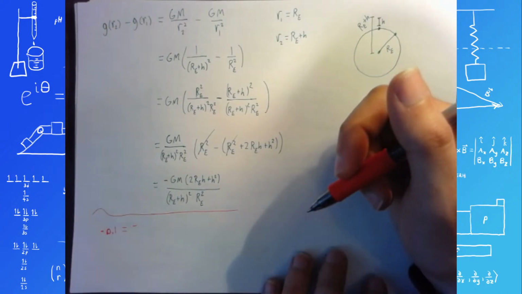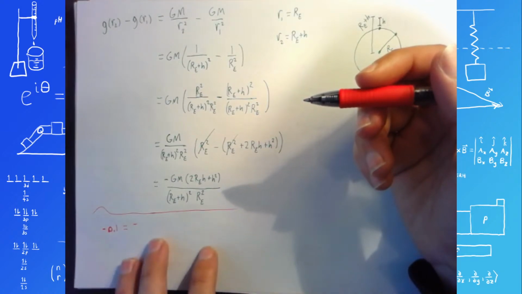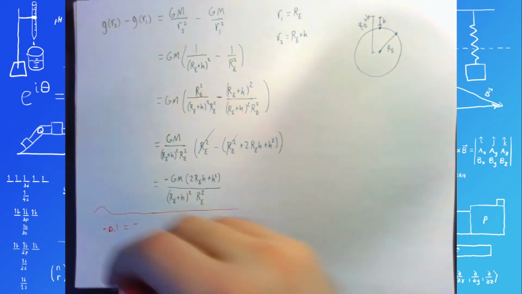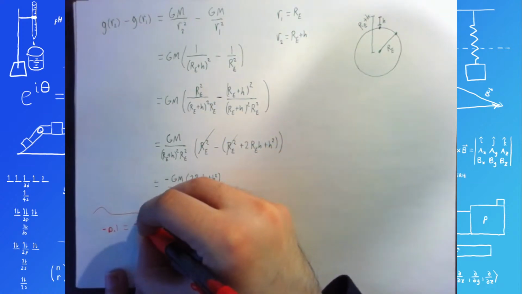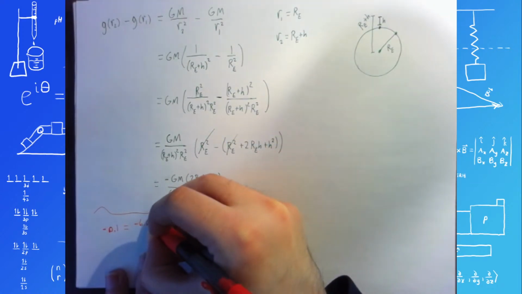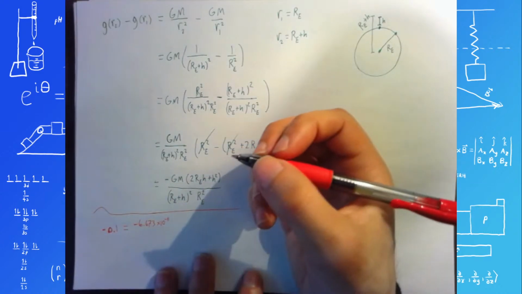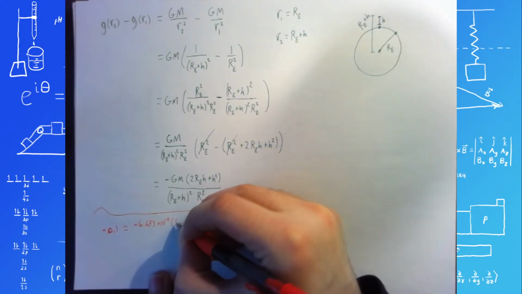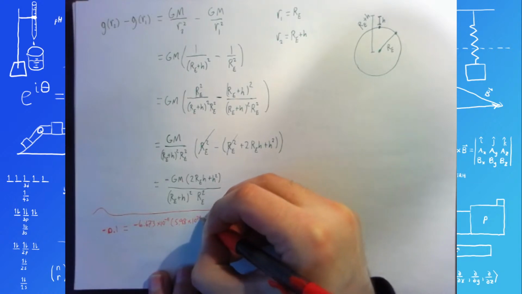So maybe the way I went about this wasn't really the best. But let's do it the hard way anyway. Let's see what we get. 6.673 times 10 to the negative 11. And then mass of Earth is 5.98 times 10 to the 24.